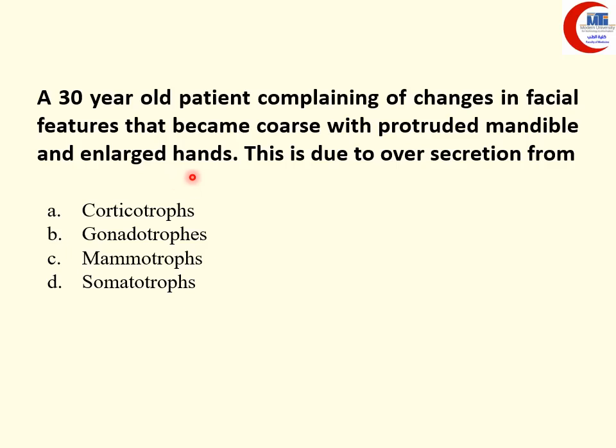This means that the patient was exposed to oversecretion of growth hormone after puberty, after closure of the bone growth plates, which is called acromegaly. This is due to oversecretion of growth hormone secreted from somatotrophs of acidophils. So the right answer is letter D.